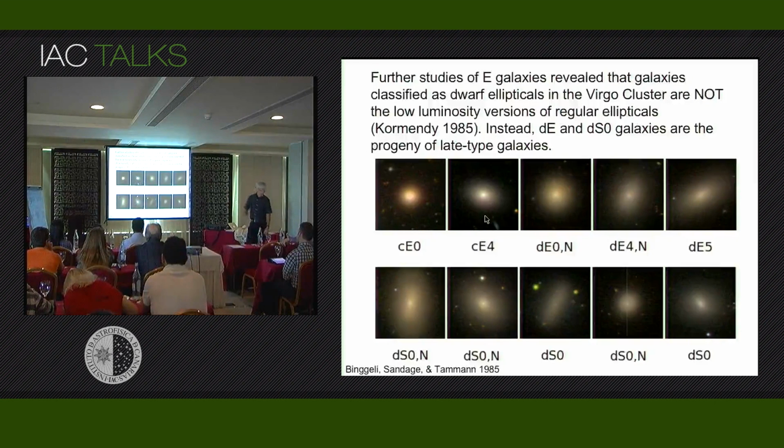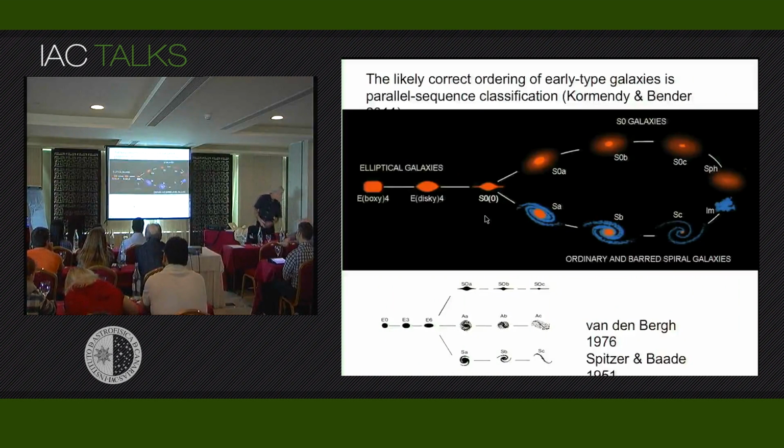And then, as I said, further studies of these galaxies going back, you're going to come to these conclusions if you do quantitative morphology. You need to analyze the brightness profiles of these galaxies to see where they really belong, and they're not low-luminosity elliptical galaxies. They're probably the offspring of late-type galaxies, those extreme late types.